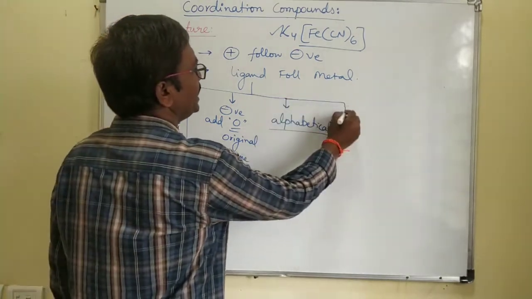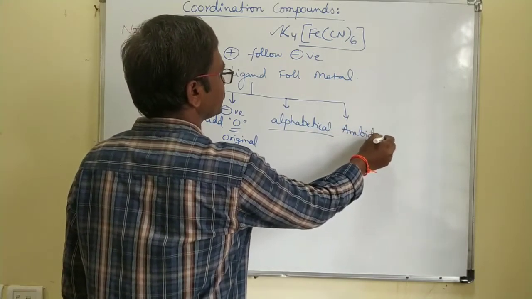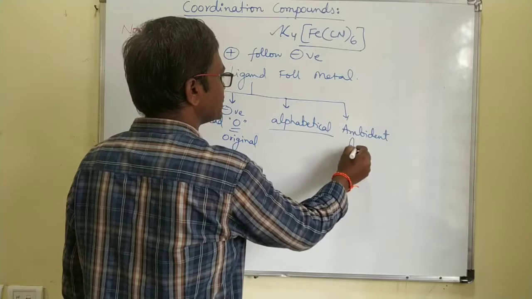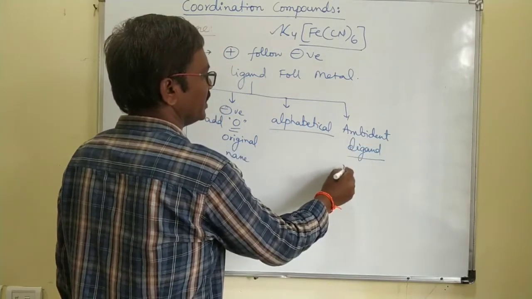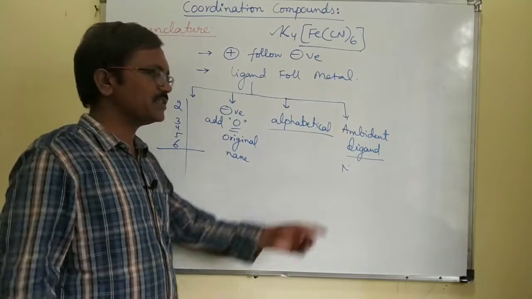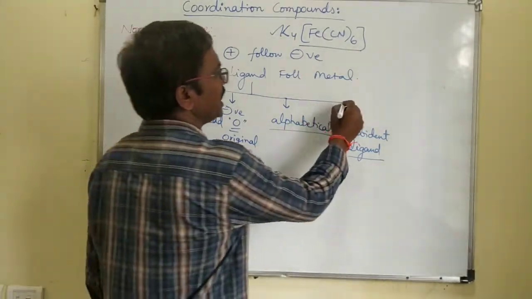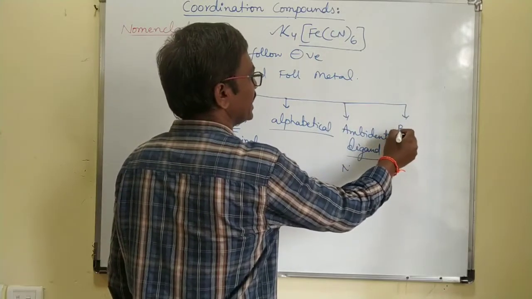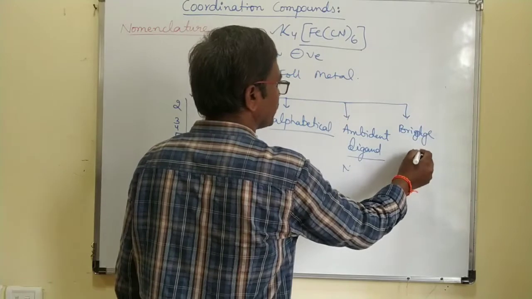For ambidentate ligands, you have to mention which atom is donating, like nitro N, nitro O. For bridged ligands, you use the letter mu.